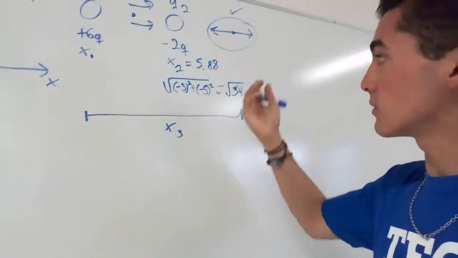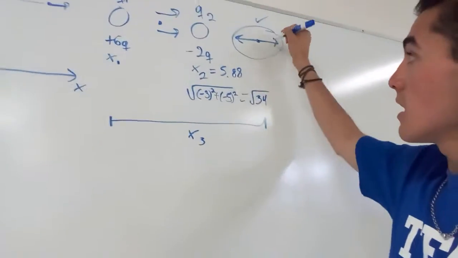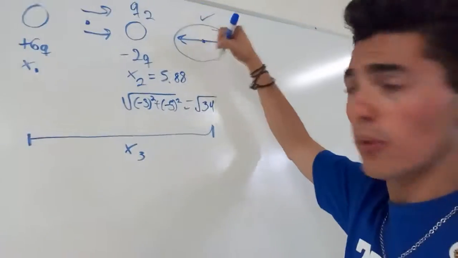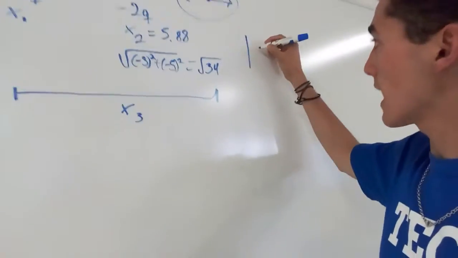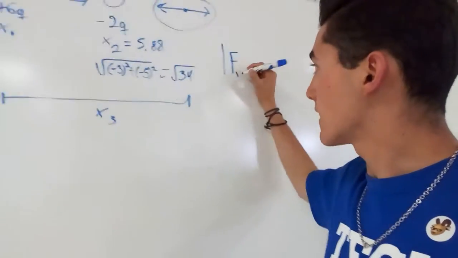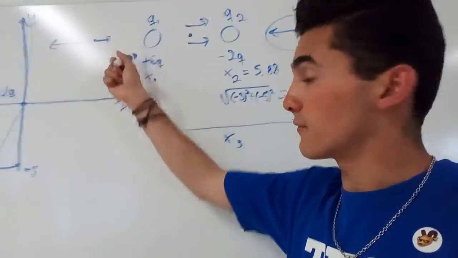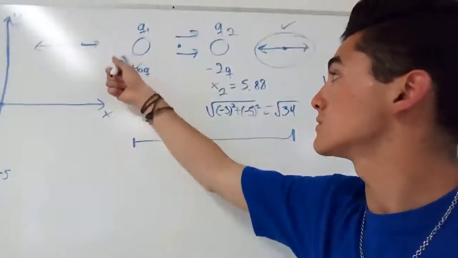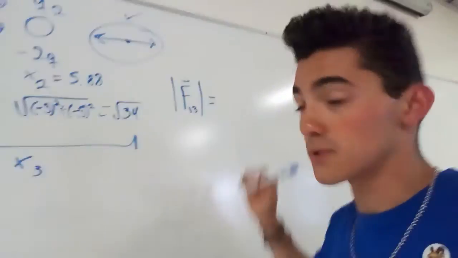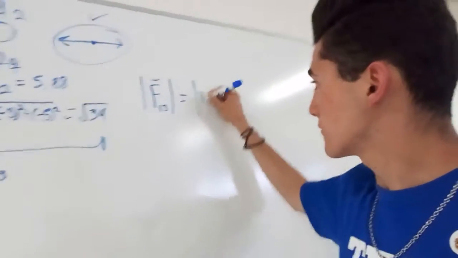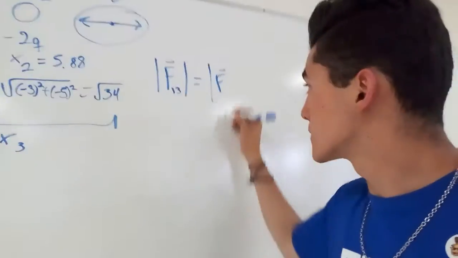Okay, so once we know this distance, we know that for this special point we want the force to be 0, so the force from 1 to 3 will have to be the same as the force from 2 to 3.